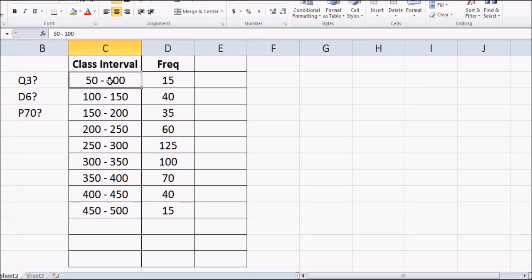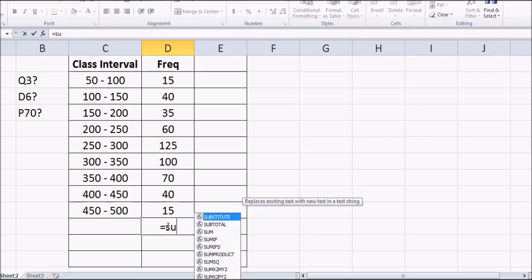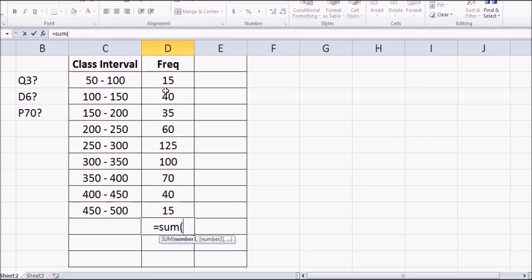Okay, now what do we need to do in this? First, of course, we will be adding the frequency here. Remember, I had told you that for median we need to arrange the data in ascending order. That's valid here as well. Next we need to find the cumulative frequency.